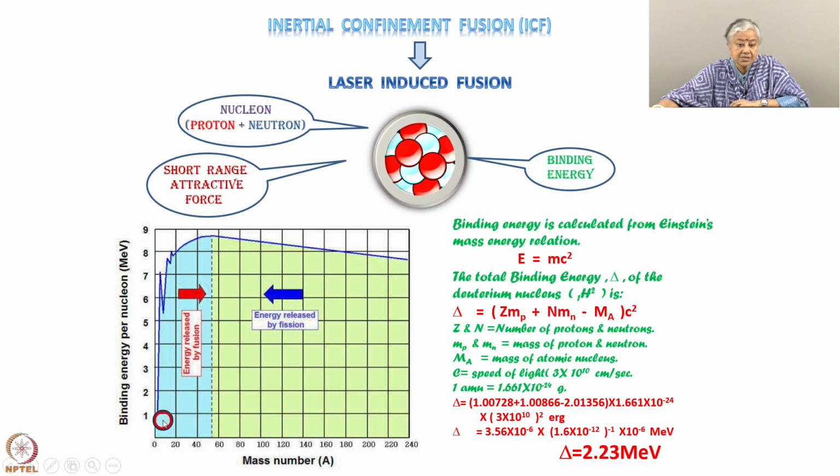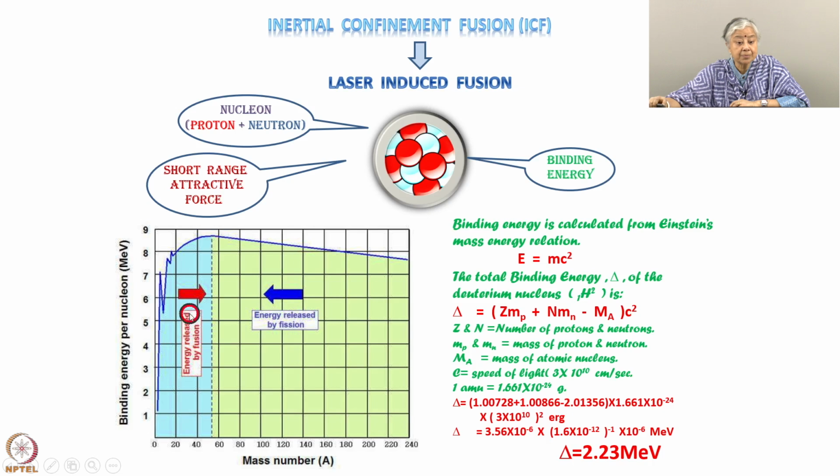You have a curve which goes up, that means the binding energy increases as the mass number increases, but then it slows down further along the line as A increases. Initially you are going up and then you are coming down. The most stable element is at this point.